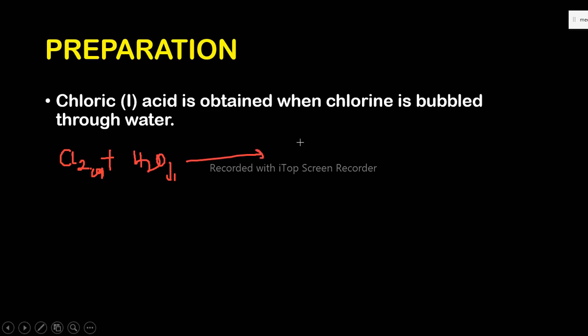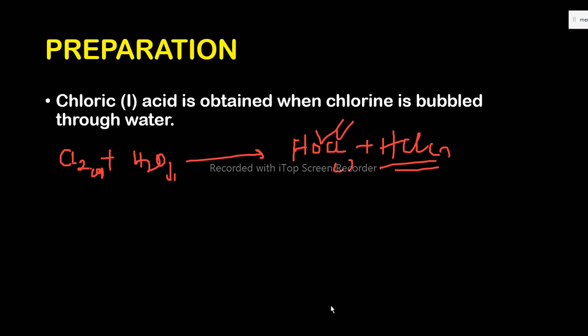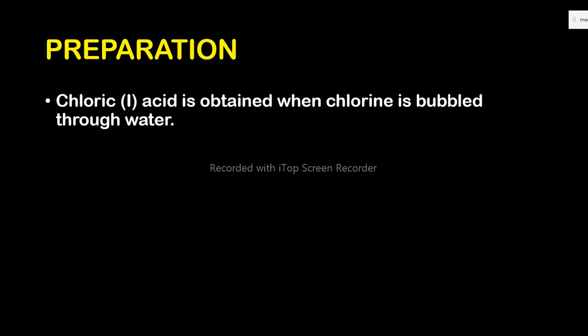Then we shall form what? Hypochlorous acid. You can write HOCl and then HCl, aqueous. So we have prepared the chloric acid.